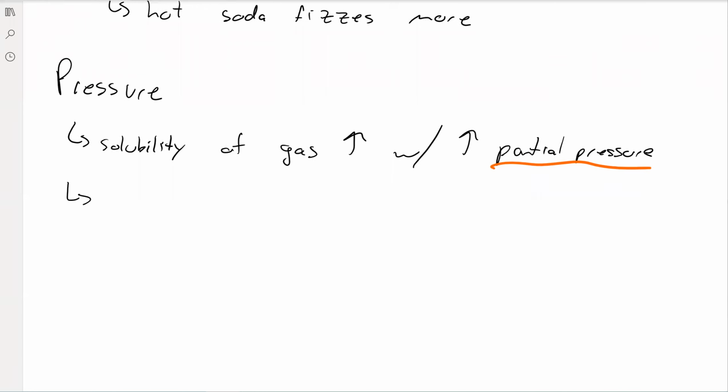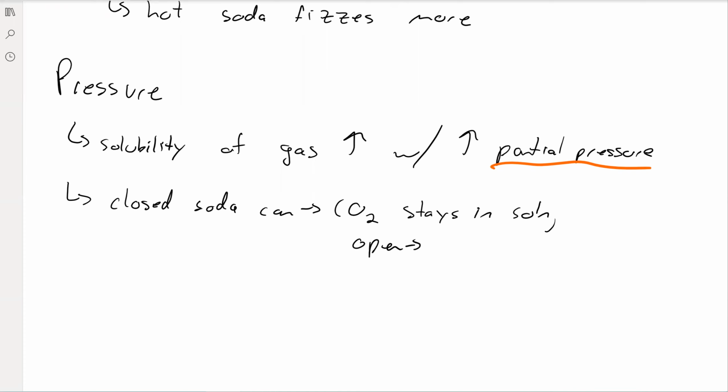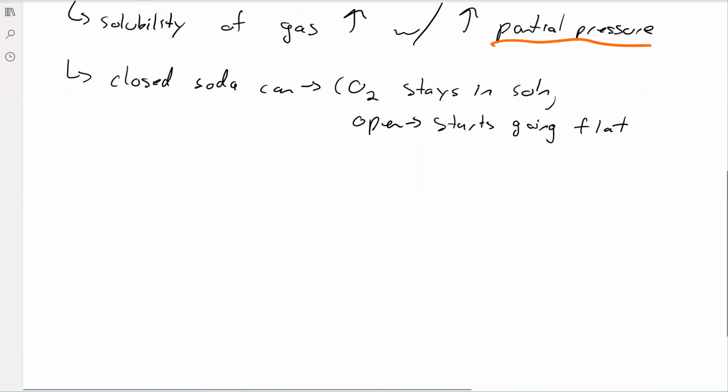For example, when you have a closed soda can, the carbon dioxide stays in solution. But as soon as you open that soda can, it starts going flat. That's because the carbon dioxide in the air above the soda will disperse into the atmospheric air, and then your partial pressure of carbon dioxide decreases, so your solubility decreases, and then CO2 leaves.